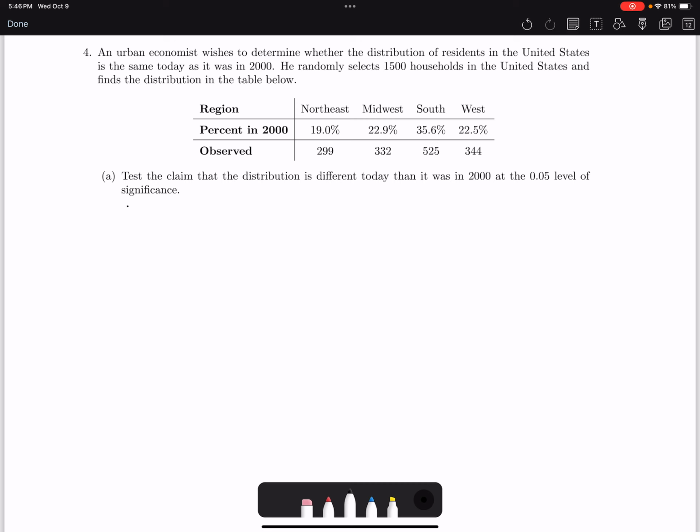Well, the null hypothesis, if we call the Northeast group 1, Midwest group 2, South group 3, and West group 4, is that the proportion of people who live in the Northeast is the same today as it was in 2000. So in other words, P1 equals 0.190, and P2 equals 0.229, and so forth.